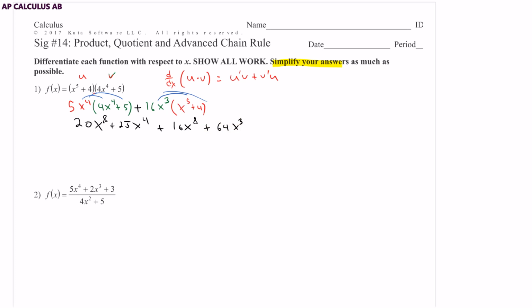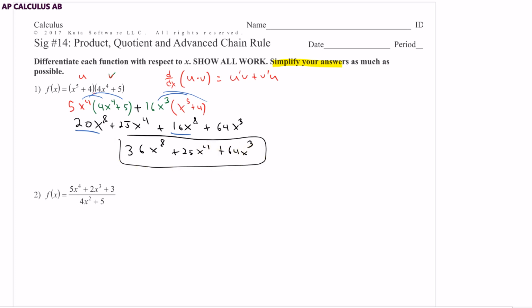And we can combine like terms. 20x to the 8 and 16x to the 8 are going to give me 36x to the 8 plus 25x to the 4th plus 64x to the 3rd. So that's as simple as that one gets.